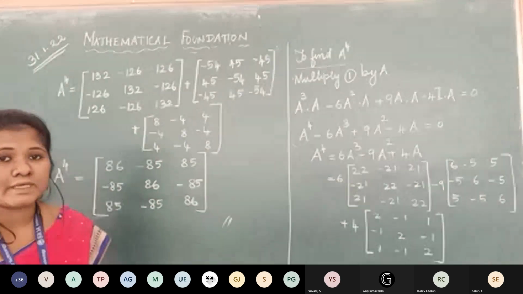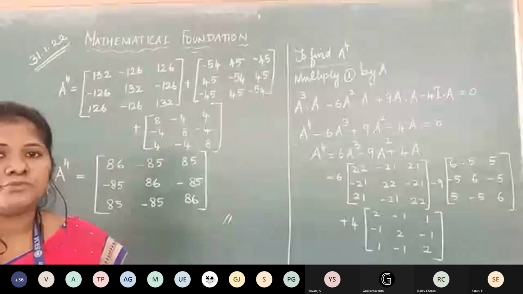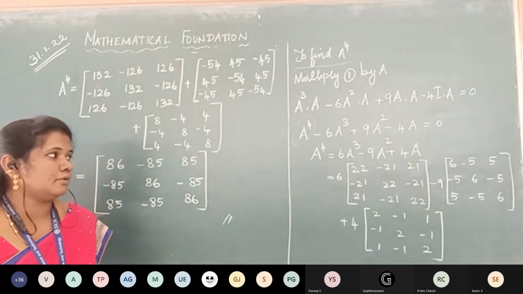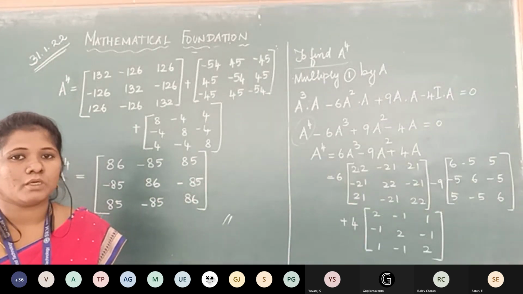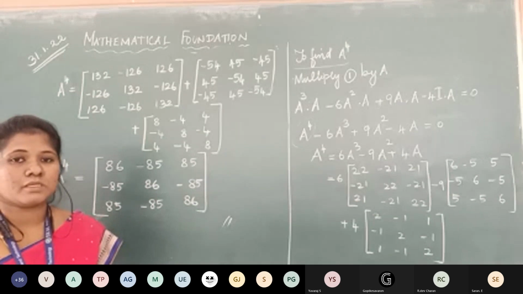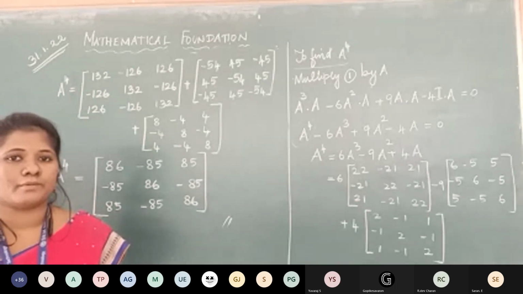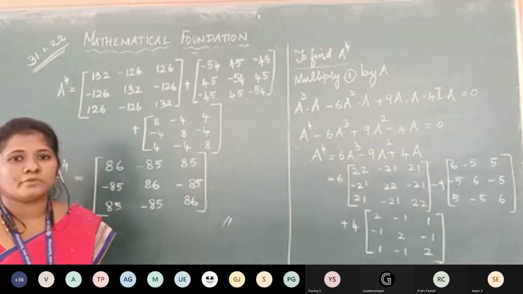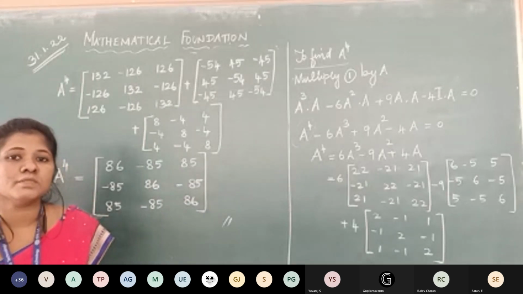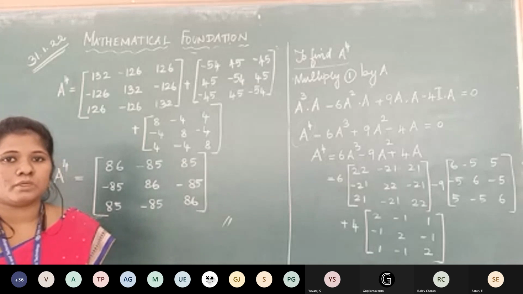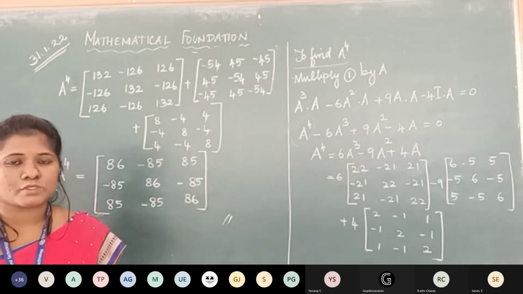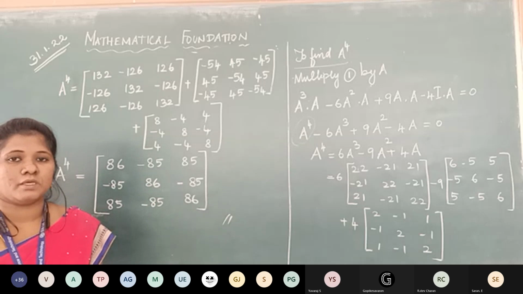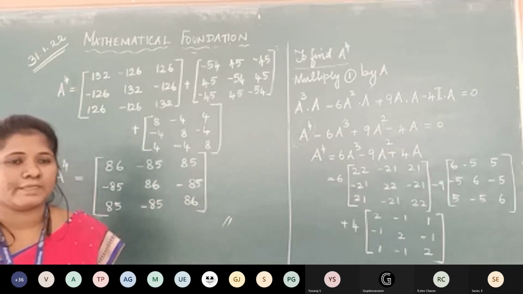Your addition, your sign, be very careful. If you go wrong in your signs, the whole problem will go wrong. If you go wrong in your characteristic equation, the whole problem will go wrong. Be very careful in finding out your characteristic equation. Whenever you're finding it out, take time and do it. Realize what is your S1, what is your S2, what is your S3. Concentrate and do, you will definitely get it.